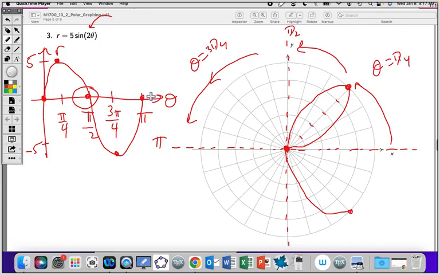And then from 3 pi over 4 to pi, we're going from negative 5 back to 0, which means we're coming back in to here. And if we keep going, notice we would cross through to positive again. If I went from pi to 5 pi over 4, we go from 0 up to 5 again, we're positive again.